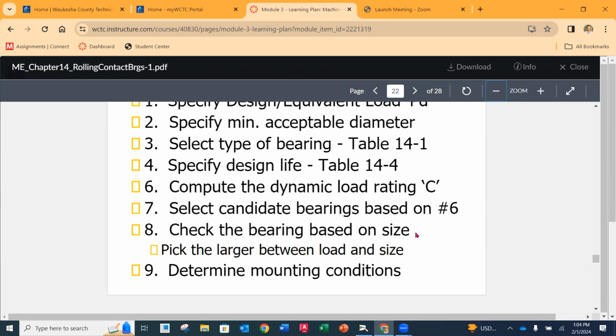And then determine your mounting conditions. Mounting conditions are what the bearing manufacturer tells us are the appropriate tolerances for the outer race to be pressed in and for the inner race to be pressed on a shaft. If they are not sized appropriately, 2 things can happen. Number 1, you don't have enough press to keep it from moving.